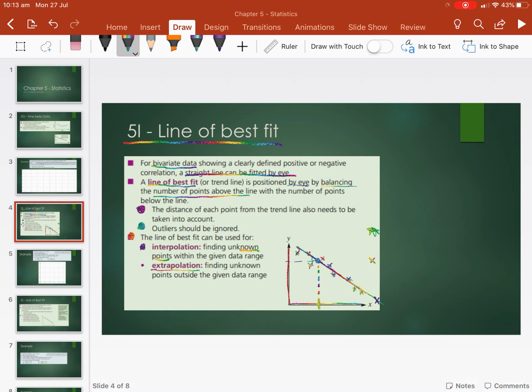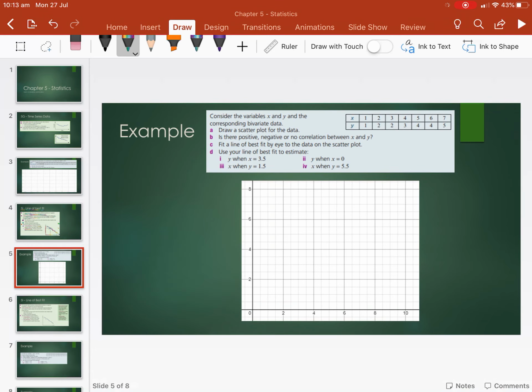So let's do an example to get this all to make sense. So here we've got, consider the variables x and y. So they're here in the table. Part A says draw a scatter plot for the data. So I've already got my graph here, which is handy.